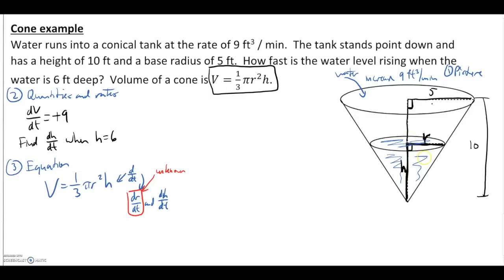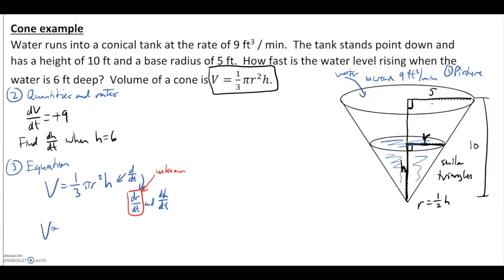And notice how no matter where I put that water level, we're going to be dealing with similar triangles. And thinking about how similar triangles work, everything in this problem is going to be proportional, and the radius will always then equal 1/2 the height. When it's full, the radius is 5, the height is 10, and it's going to apply anywhere along this cone.